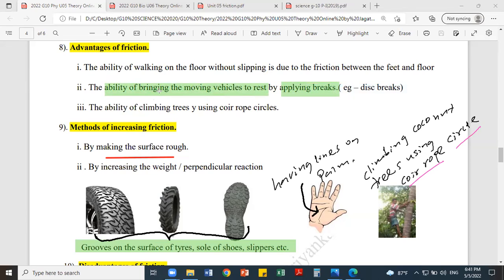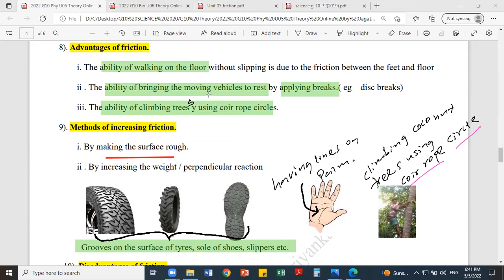That is where friction is an advantage. Without friction, the vehicle will slip or go out of the road. Ability to walk on the road is due to the friction. Ability of climbing trees using a coir rope circle is due to the friction. Without friction you can't do any of this, because when you apply the brake the vehicle will not stop, it will go out of the road. So the ability of stopping the vehicle by applying brakes is due to the friction.